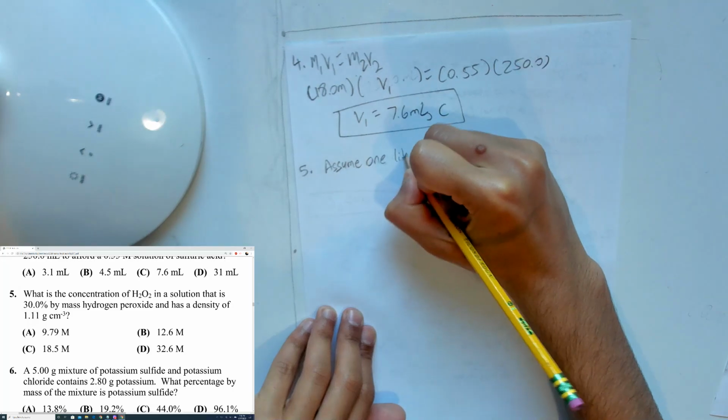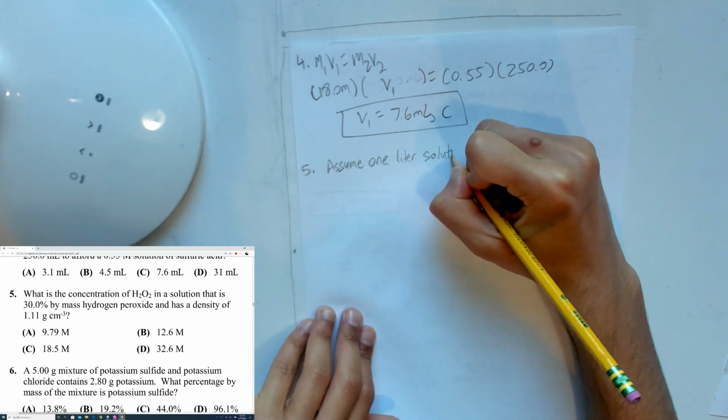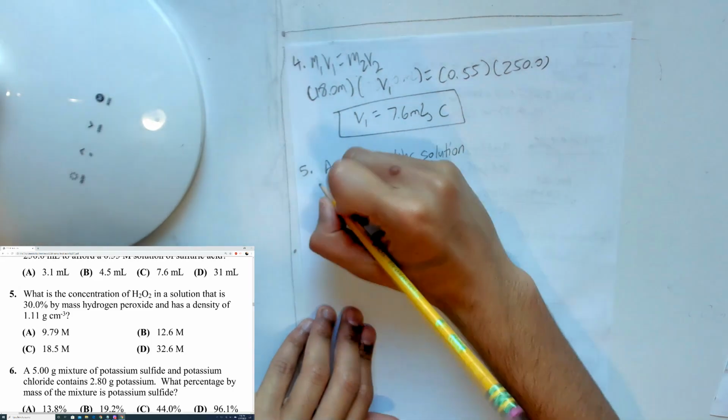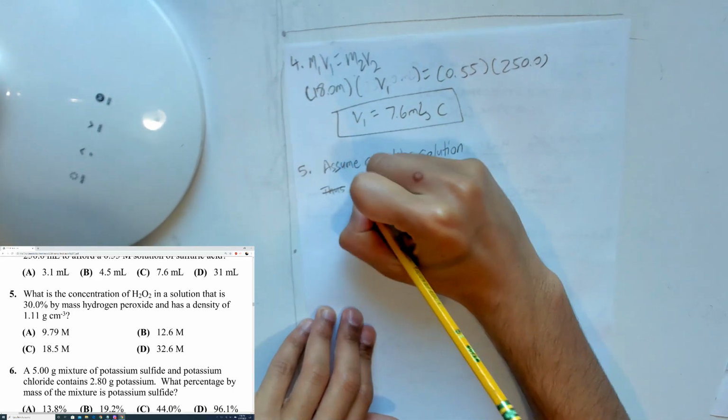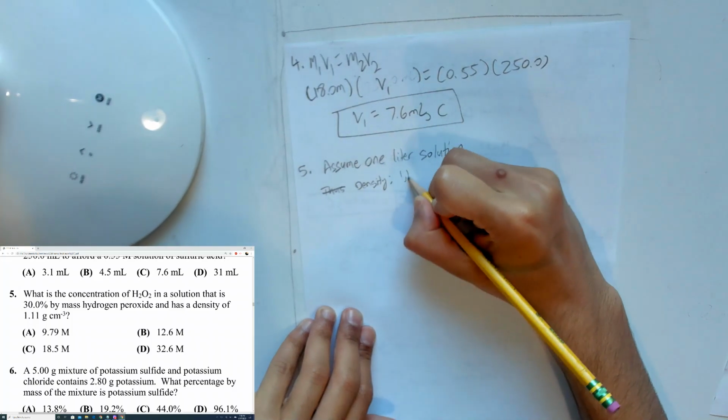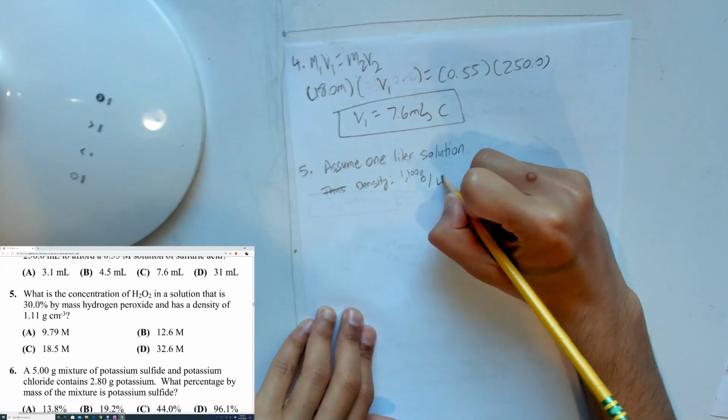Thus the density will be 1.1 grams per milliliter.